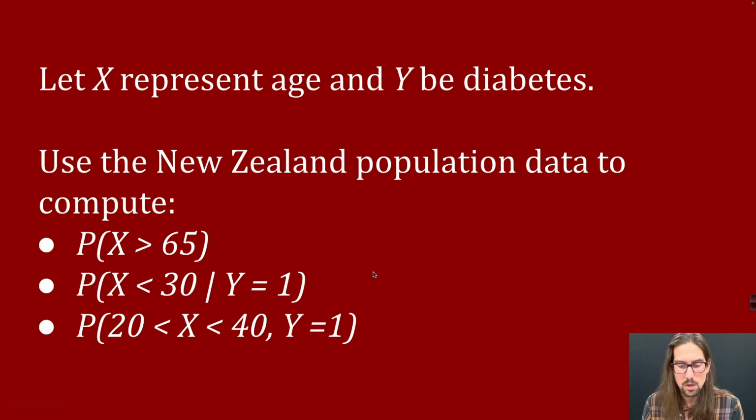So before you even code anything, just think about what these symbols mean. What is it that you're trying to count, right? And what subpopulation are you trying to count? And then think about how you're going to write code to count the thing that you want to count. So please try that for yourself.